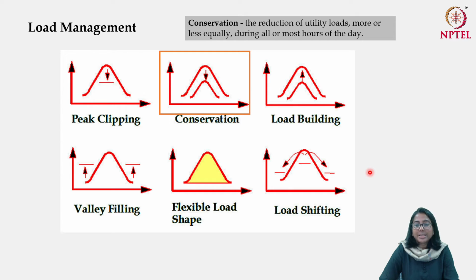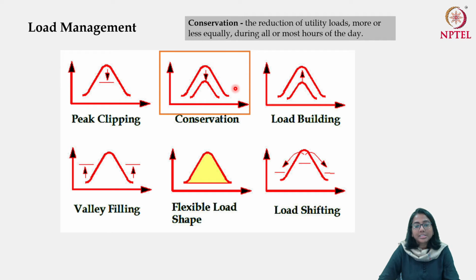So conservation is basically the reduction in utility loads more or less equally during the entire period of the day. So here in this diagram you can see that there is almost a parallel shift of the load curve downward. When does this happen? This is actually evident when you employ some sort of energy efficient equipment. So energy efficiency is one of the main reasons behind having this kind of conservation activities.